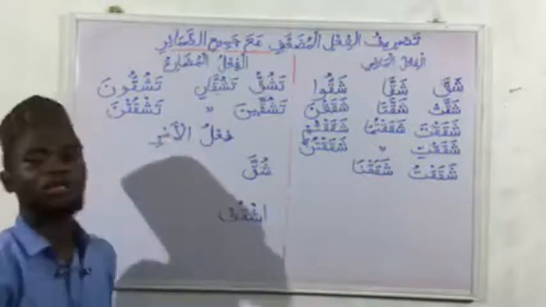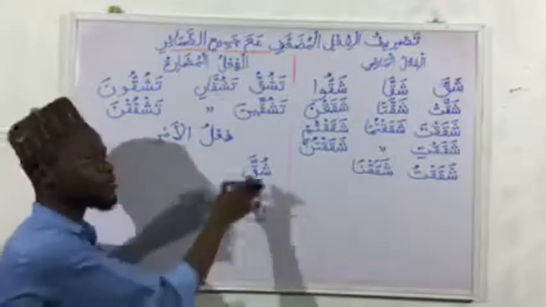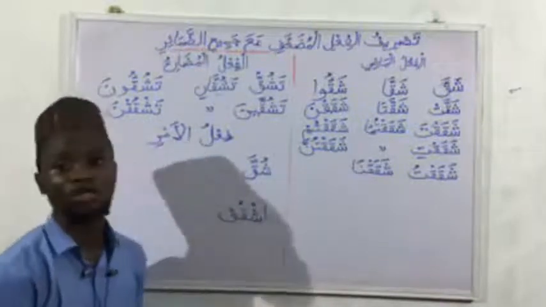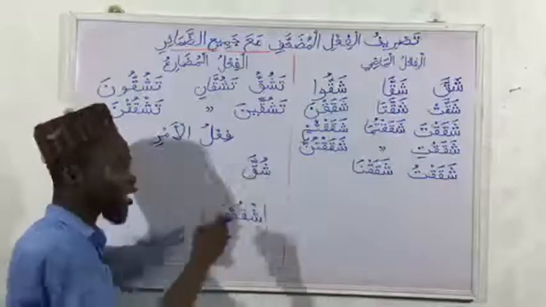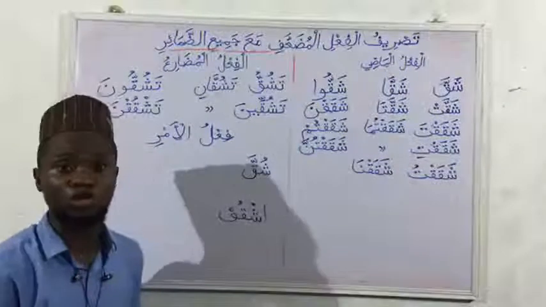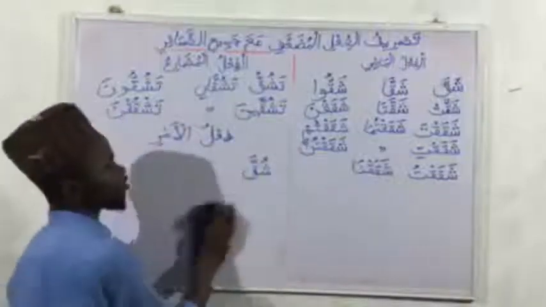So add Hamzatul Wasl to be able to pronounce it. So here, in place of Shukko, you can have Ushkuk just for the singular. It is allowed. That is for the singular.